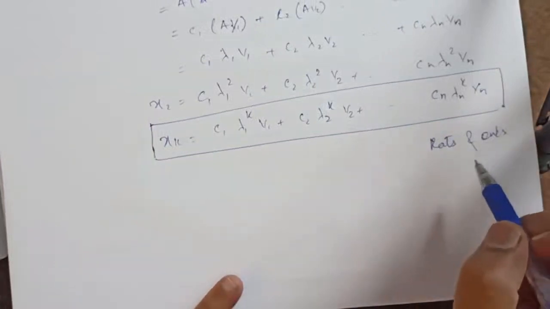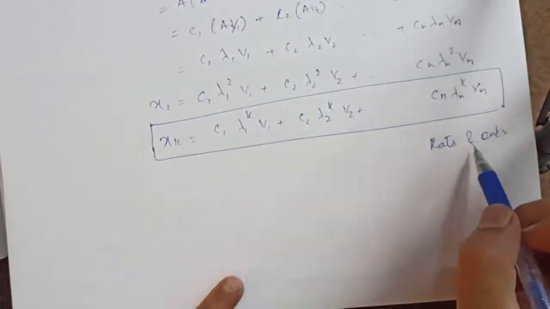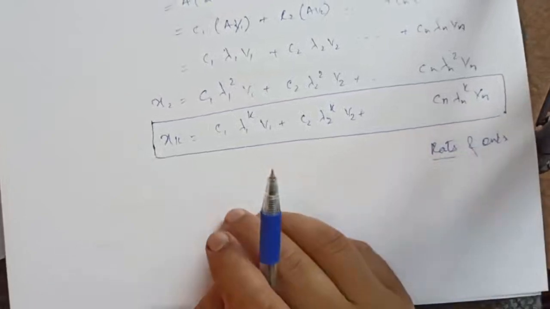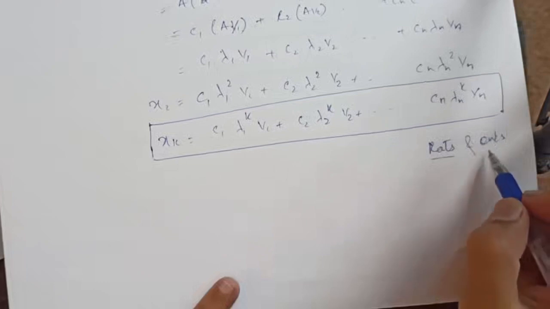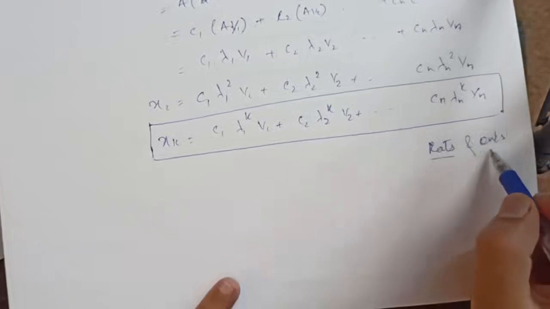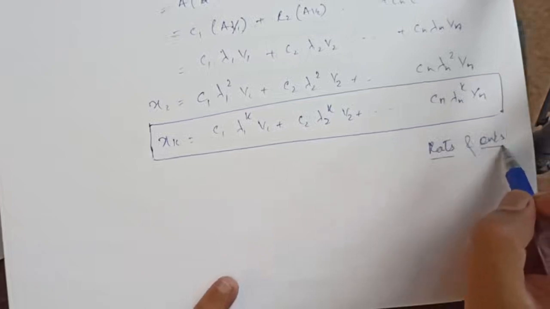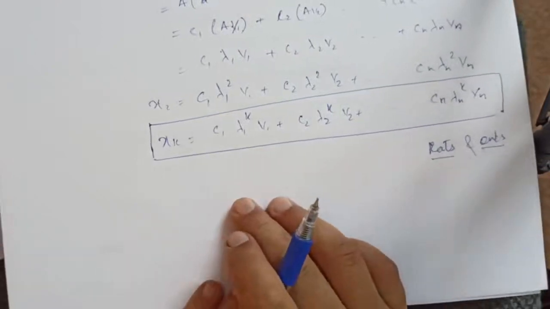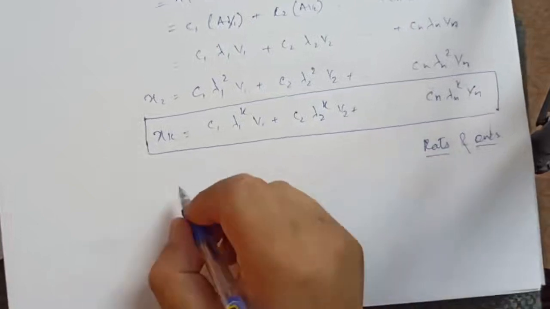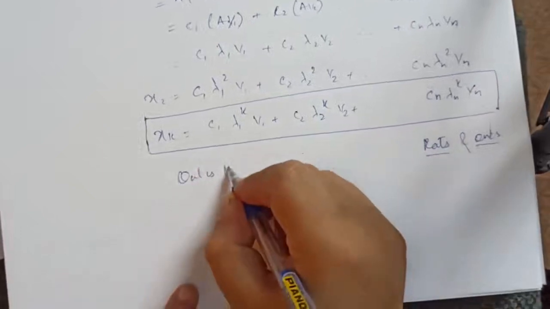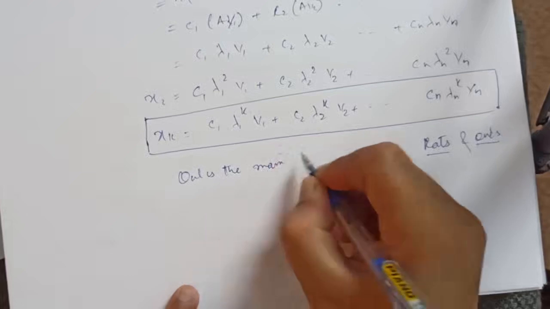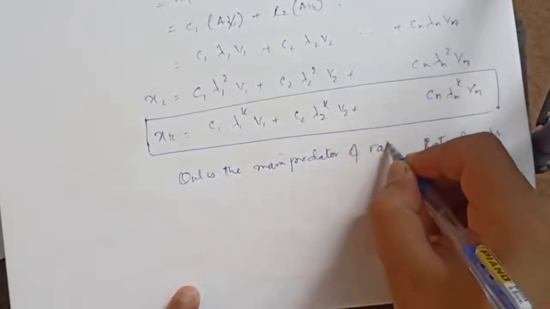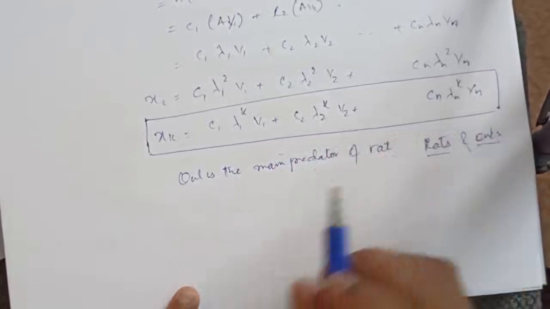Owls hunt wood rats, and the majority of the food available to owls comes from the rats. So the owl is the main predator of the rat, and in this case the rat becomes the prey.